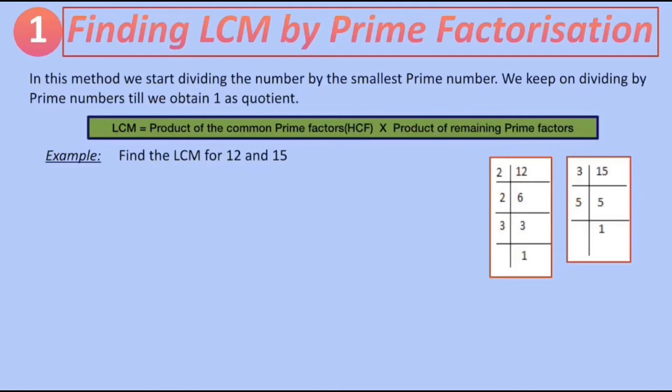Now let us see the prime factorization method by this example. Here we have taken 12 and 15. We need to find out prime factors for 12 and 15.